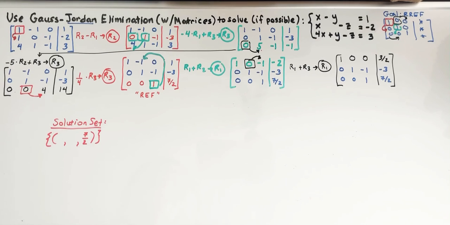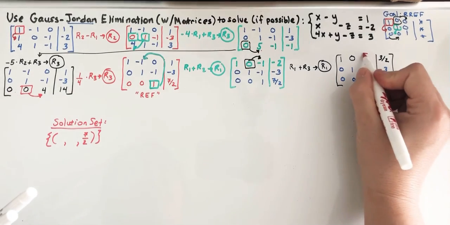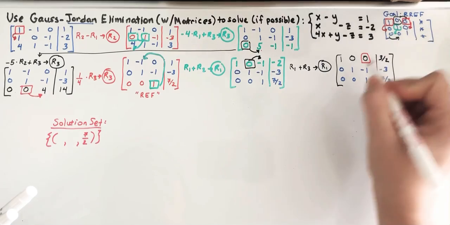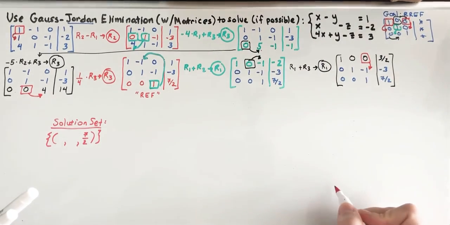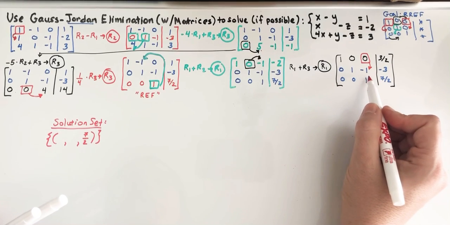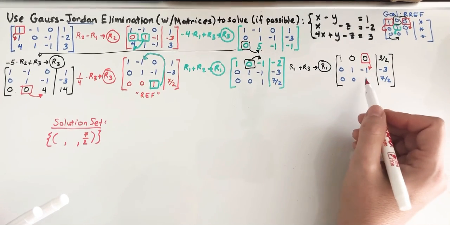Okay, so we are almost done with reduced row echelon form. Taking a look carefully at what's left, we just got our 0 here, which is what we wanted. And after we get that 0 there, we go right below it to get a 0 below. So how can we make that -1 turn into a 0? Again, we can't multiply the row by 0 because that kills the entire row.